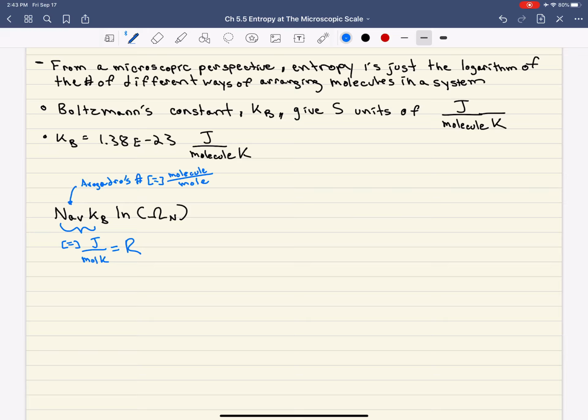This is the same gas constant that you've seen forever. So Avogadro's number times Boltzmann's constant is the gas constant. Okay, and so this sort of definition would then give us the molar entropy, which has units of joule per mole K.